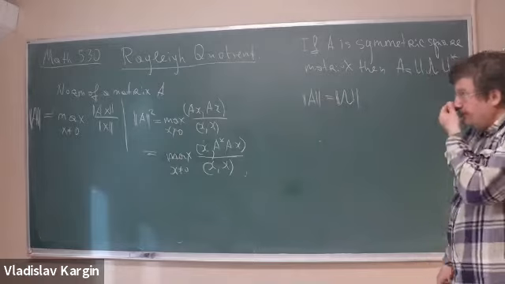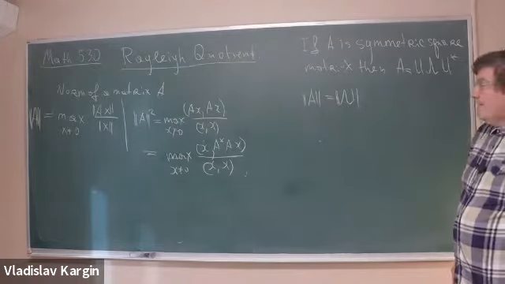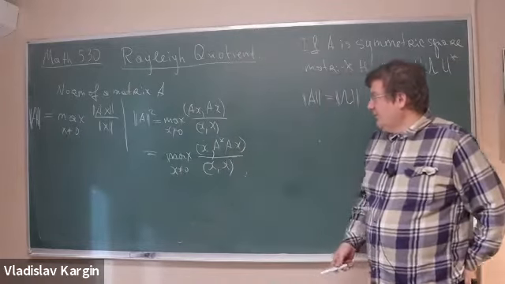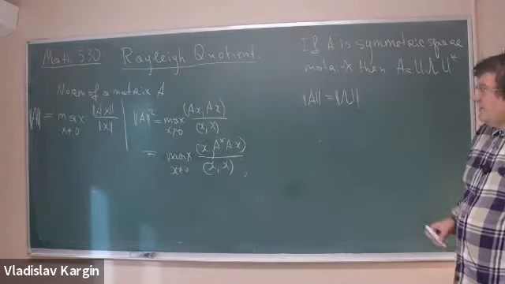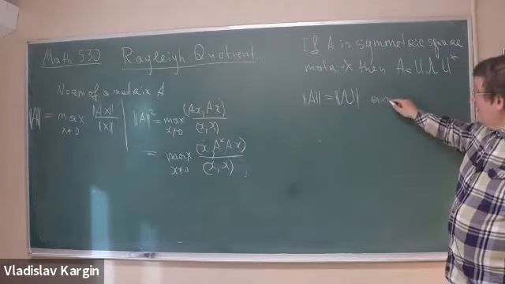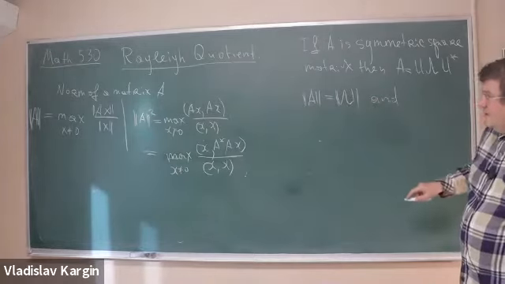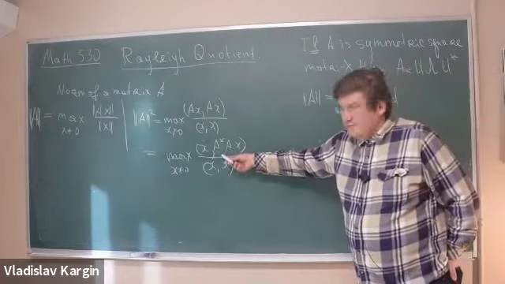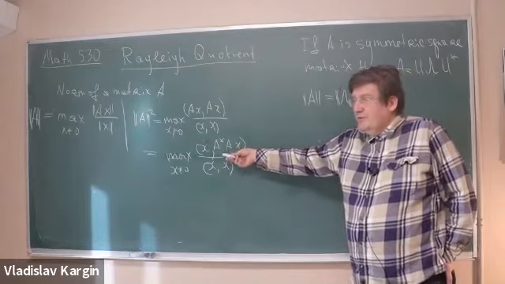Essentially you can plug it in here, and you'll get that the square of the norm is equal to this thing. For lambda you can just write down what it is.